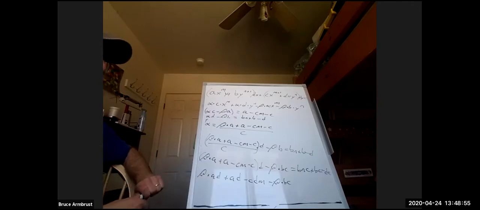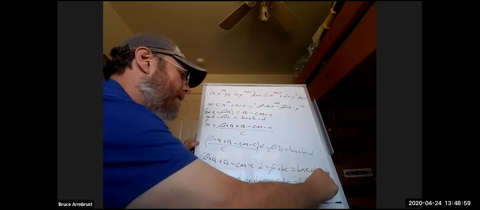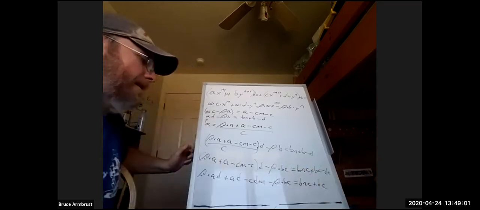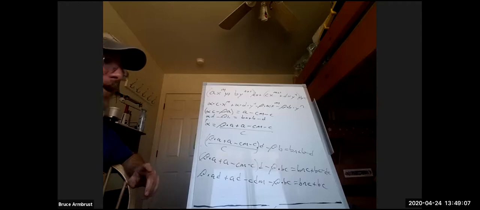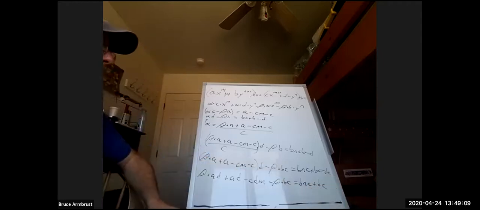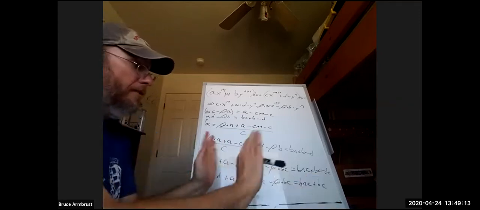I'll explain in a second. That's going to equal BNC plus BC. And again, you might go, well, wait a minute, you didn't write the minus DC. Well, those two things are going to cancel each other out. They're common to both sides. So I'm just getting rid of them at the same time.